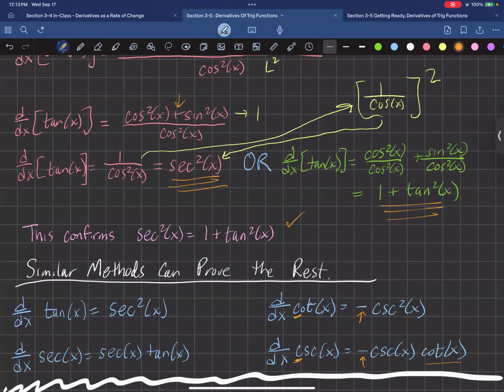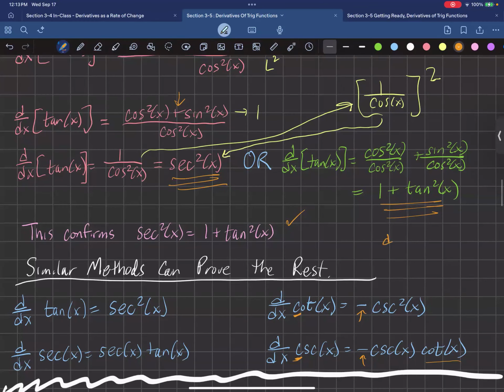If you take the derivative of a trig function that starts with C, it's going to have a negative. d dx of a trig function that starts with C is negative.